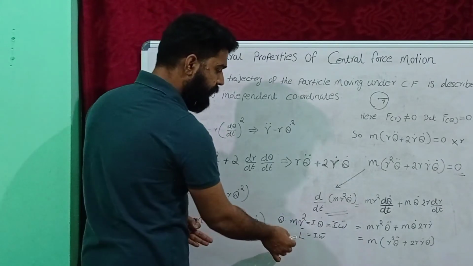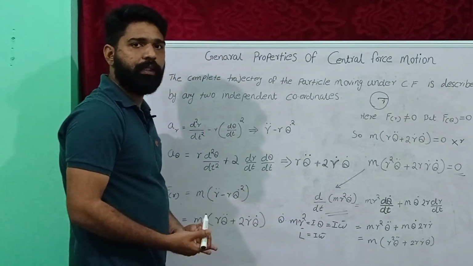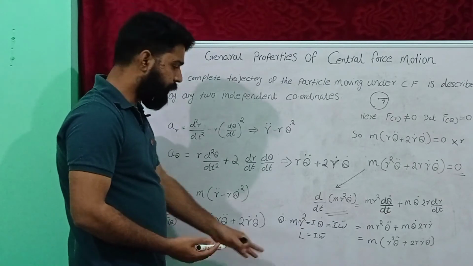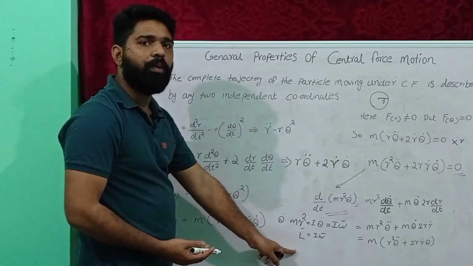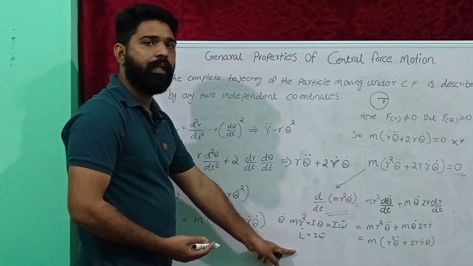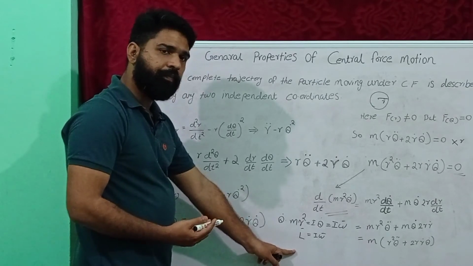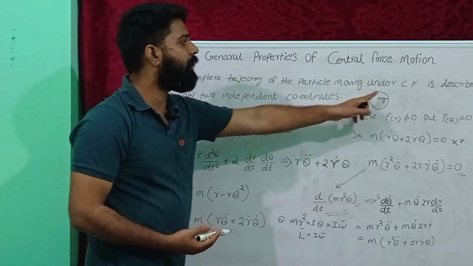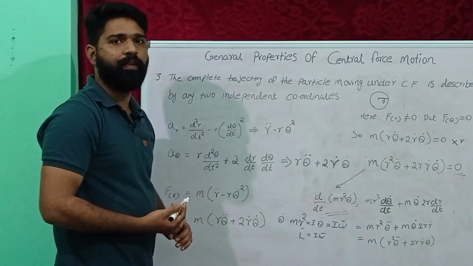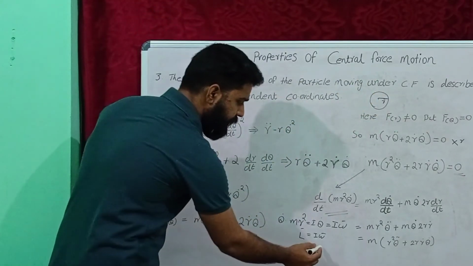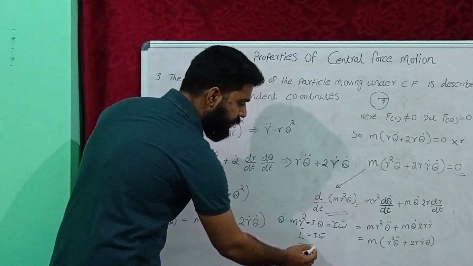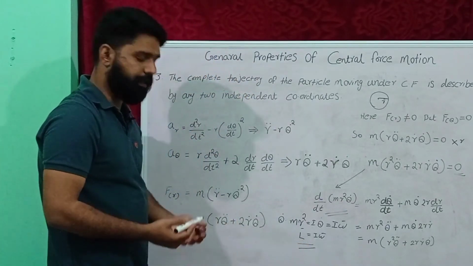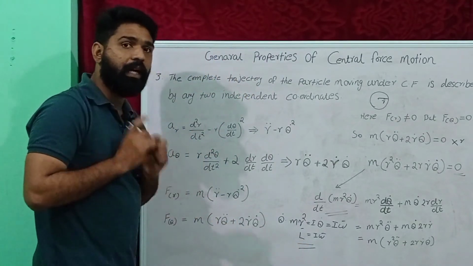Then definitely the angular momentum is constant. So we proved the angular momentum is constant, that means the angular momentum is conserved in central force motion. We already proved this. Where did we start?